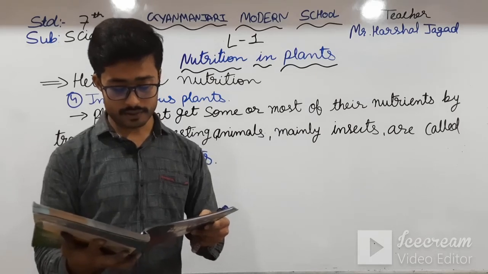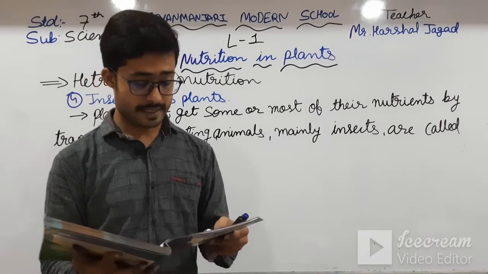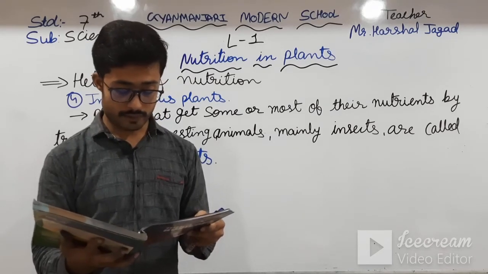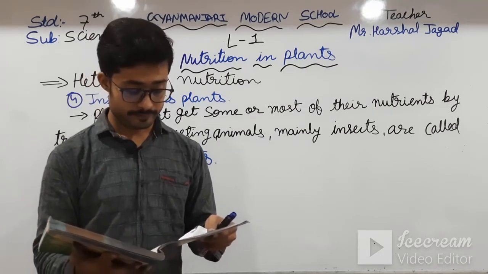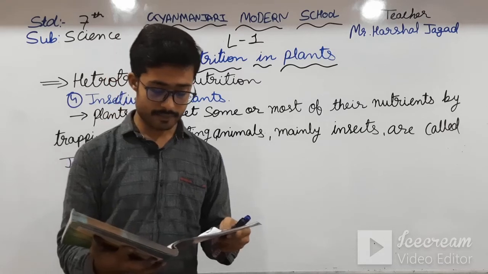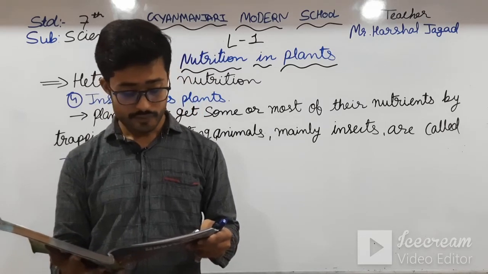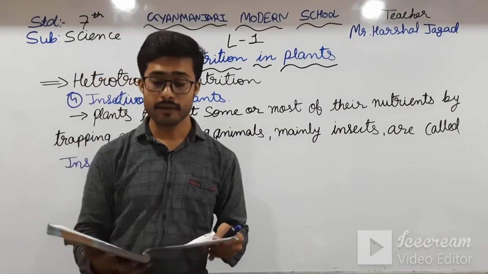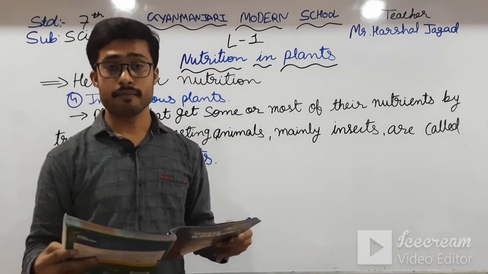However, such plants grow in soil deficient in certain nutrients, especially nitrogen. In order to fulfill their nutrition requirement, they trap insects and small animals and digest them. Some common examples of insectivorous plants are pitcher plant, sundew, bladderwort and Venus flytrap. See here, you can see the pictures of insectivorous plants.